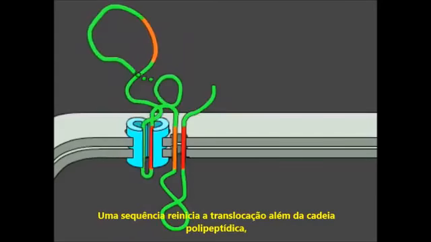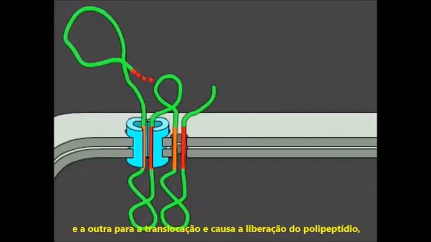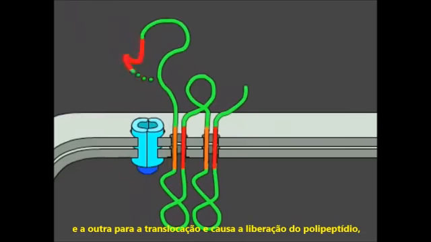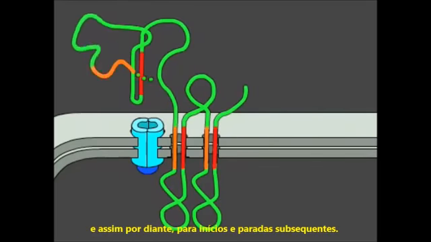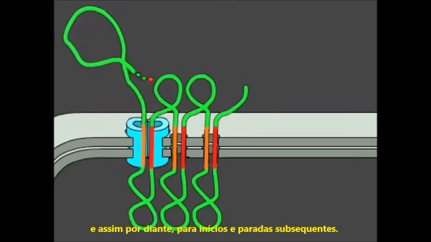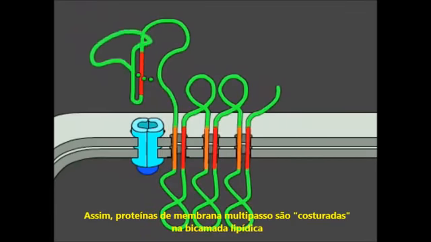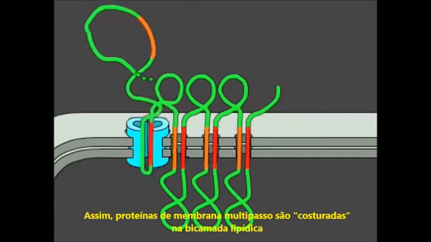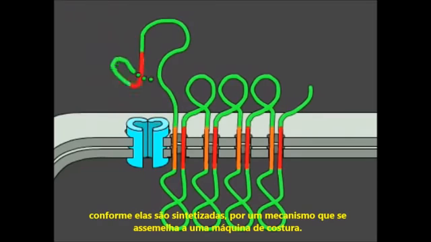One sequence reinitiates translocation further down the polypeptide chain, and the other stops translocation and causes polypeptide release, and so on, for subsequent starts and stops. Thus, multipass membrane proteins are stitched into the lipid bilayer as they are being synthesized by a mechanism resembling a sewing machine.